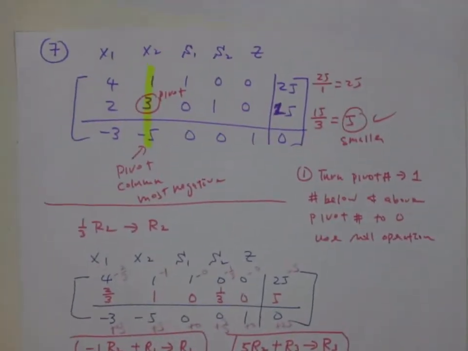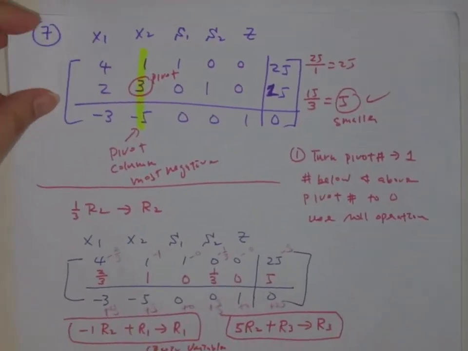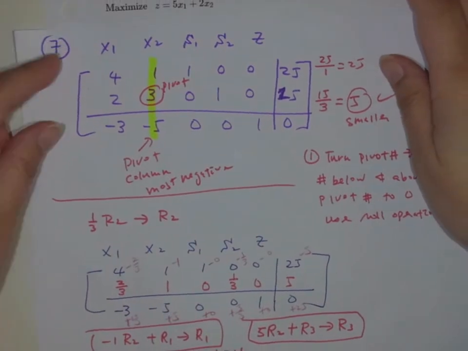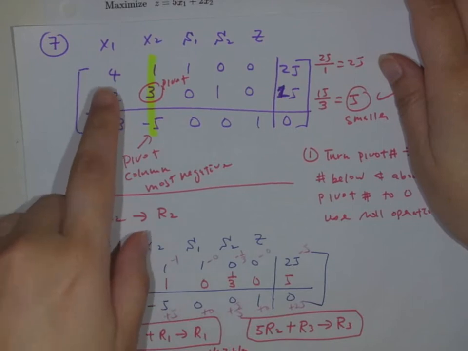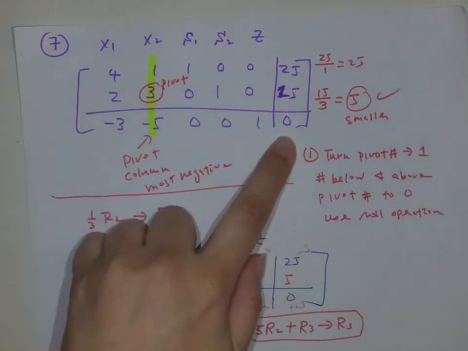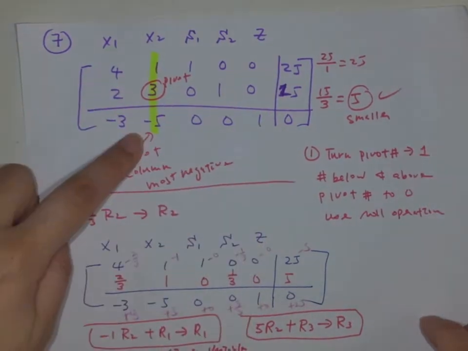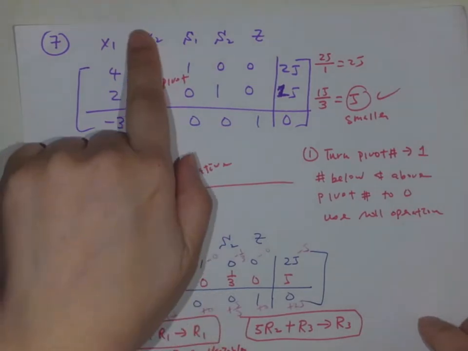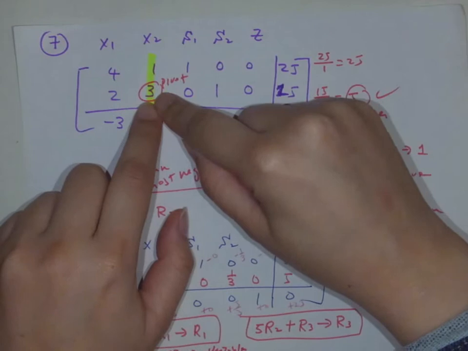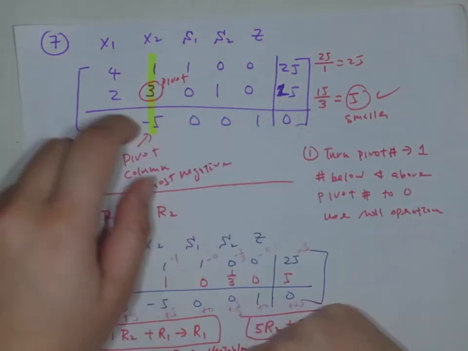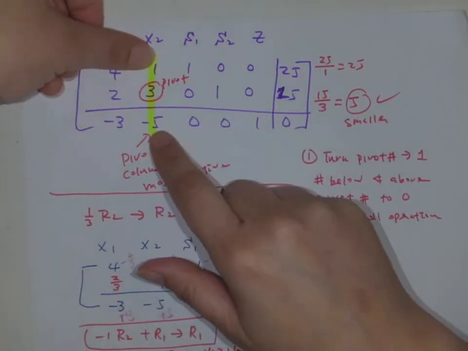Once you have that, you put it in your matrix. We see this is the greatest negative number, so that's your pivot column. We do the quotient, we found a small number, so across here, that's your pivot number. We need to make that a 1 and the other two numbers 0, right?